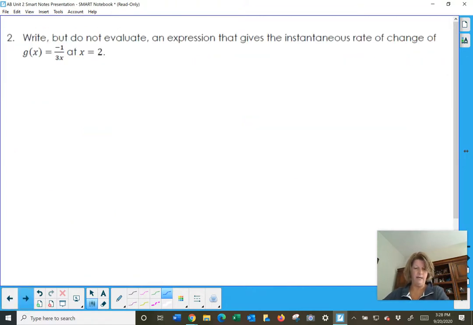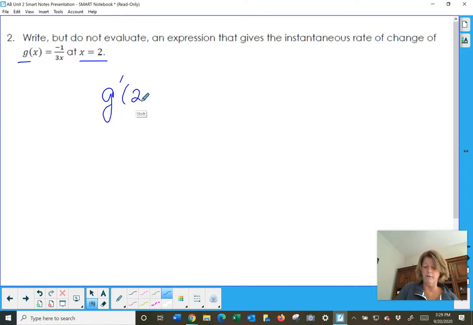All right. Write but do not evaluate an expression that gives instantaneous rate of change. Well, we don't have to evaluate this one, so it'll be a little bit faster. We want to be at 2. Our function is g. So this time it'll look like g prime of 2 is equal to the limit as x gets close to 2 of g of x, I'm just going to write the general, minus g of 2 over x minus 2.